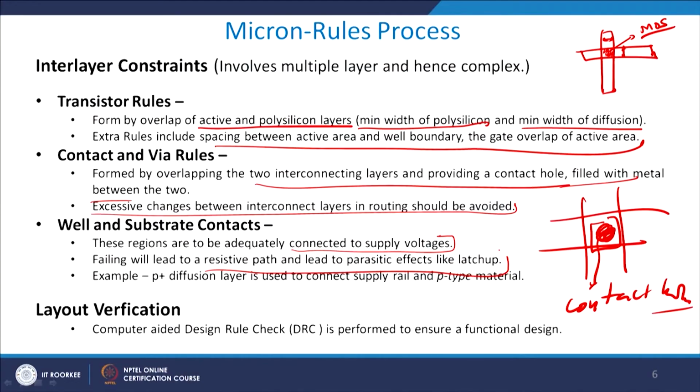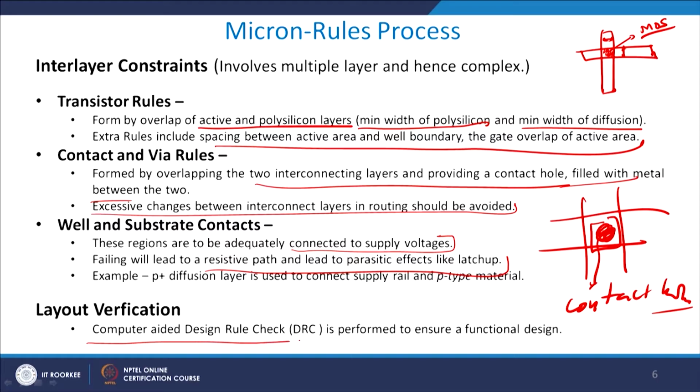Latch up basically means that it latches to a particular state and stays there permanently, which you do not want to happen. So that is one pretty drastic problem which happens due to latch up. That is what I wanted to say for well and substrate layer.